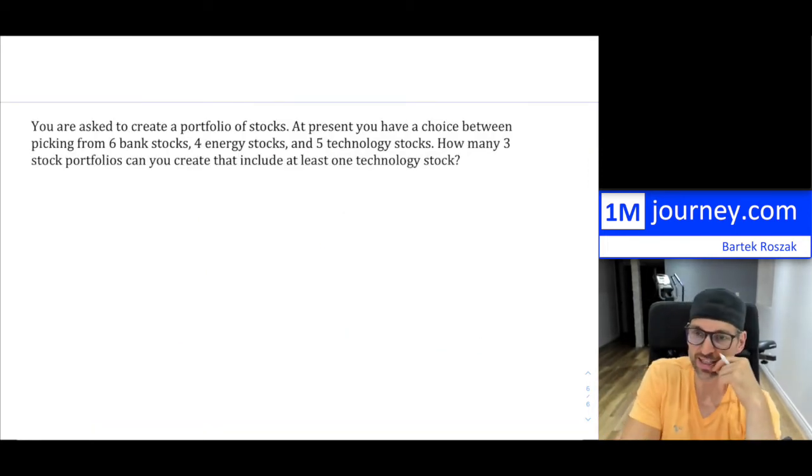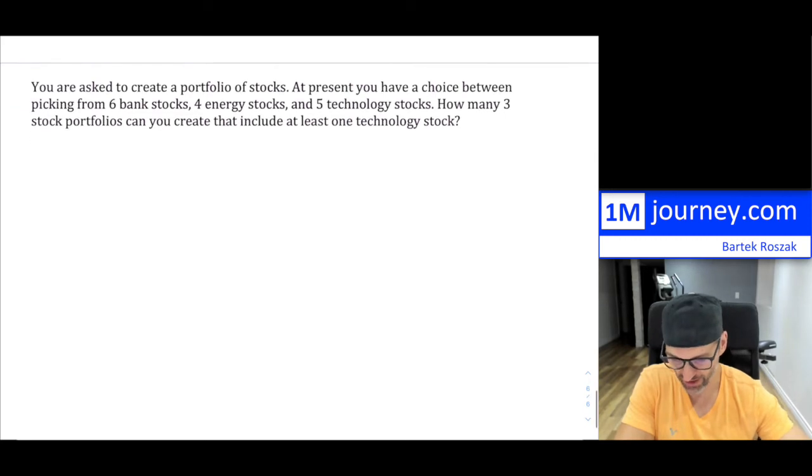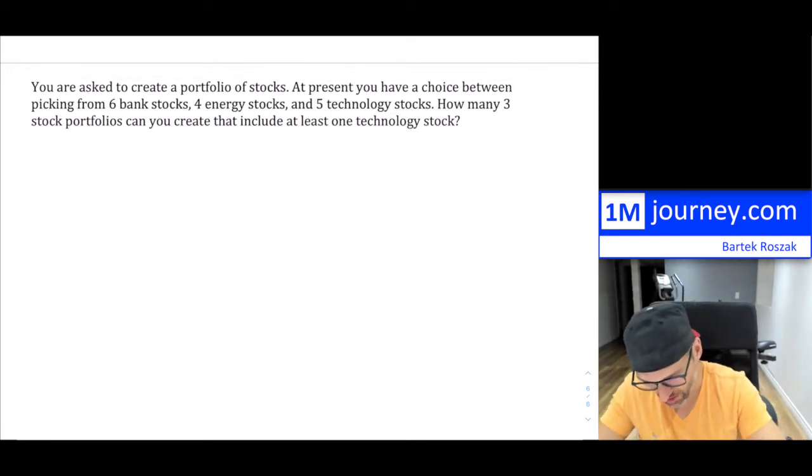Welcome to this example with regards to a combination example. You are asked to create a portfolio of stocks. At present, you have a choice between picking from 6 bank stocks, 4 energy stocks, and 5 technology stocks. Maybe let's write that down.